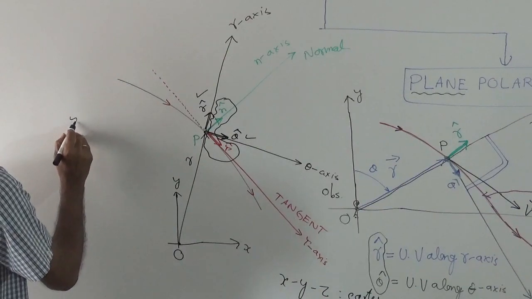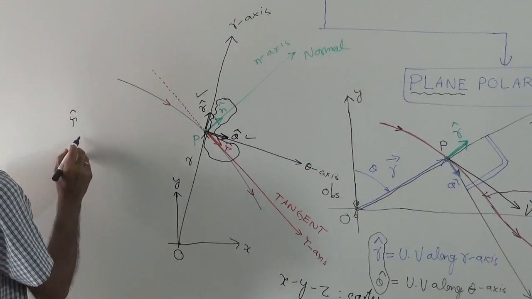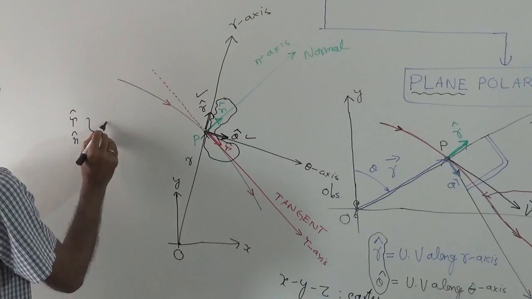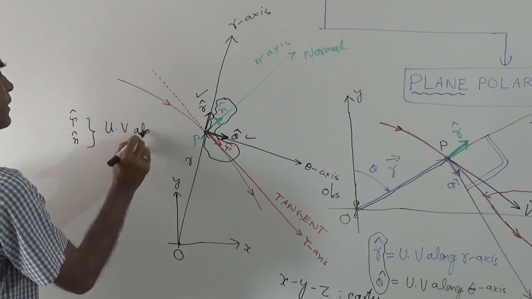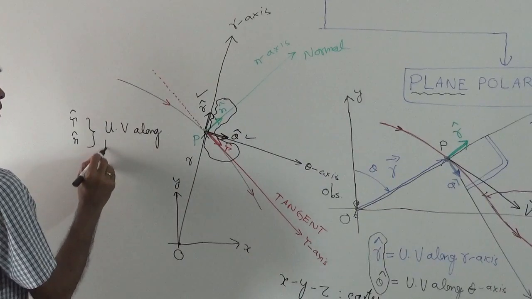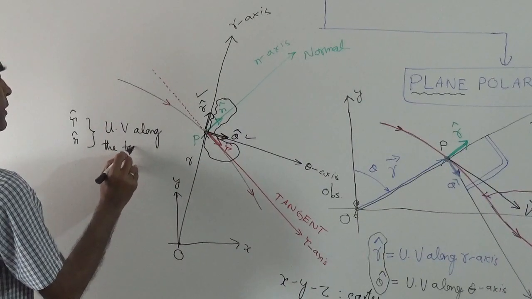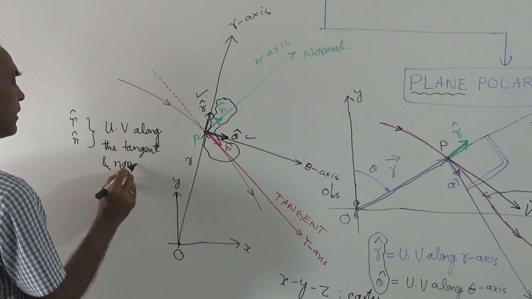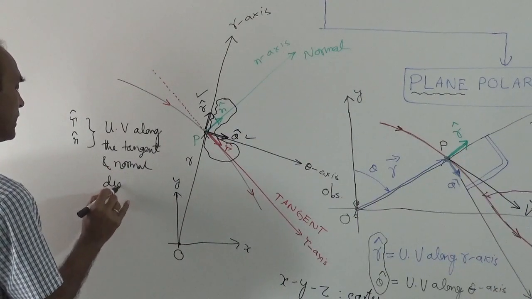So tau cap and n cap are the unit vectors along the tangent and normal direction.